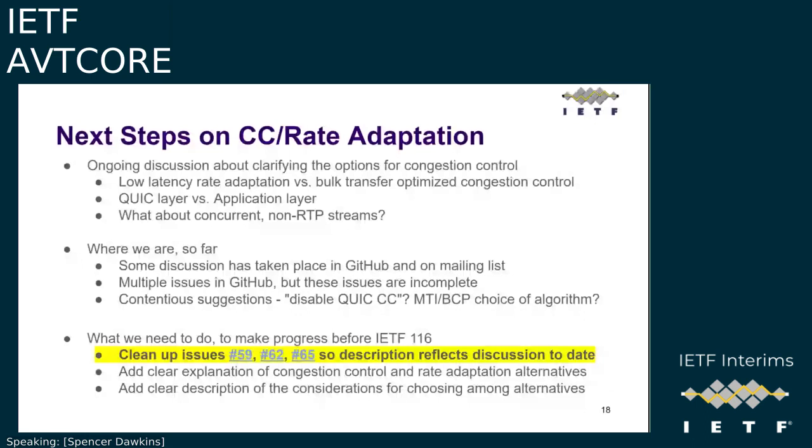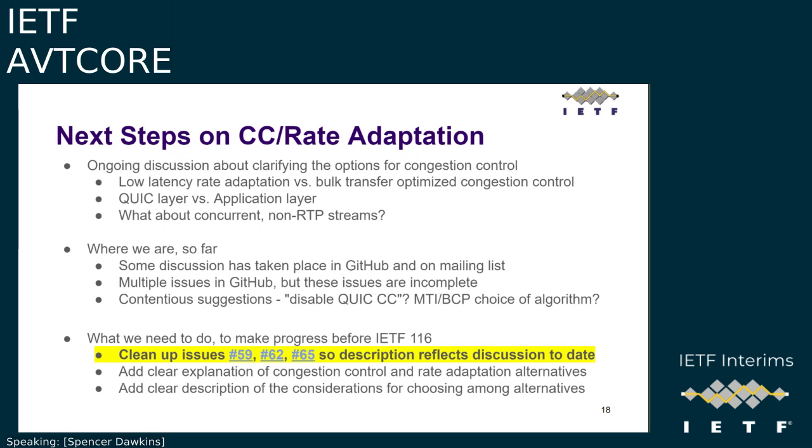One is we're using the language about disabling QUIC congestion control, but the other question is how do all the entities in an implementation know who is doing congestion control, who is doing rate adaptation, and how do they know that they're doing rate adaptation that is not appropriate for H3.